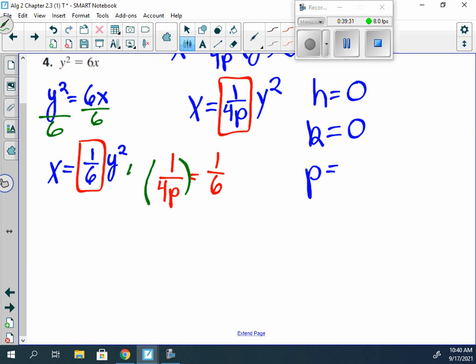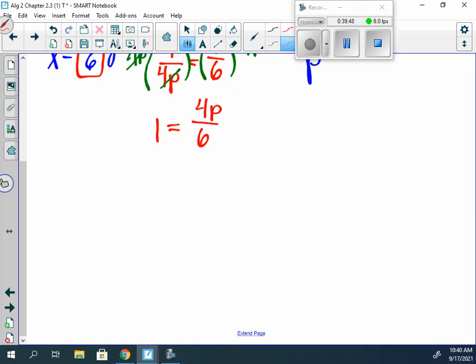Here, so again, our first step was to multiply both sides by 4p, yes? Well, 4p and 4p will cancel out. Equals 4p divided by 6. Now, the next step we can do is we need to get p by itself, yes? So I could divide both sides, or I can multiply both sides by 6/4.